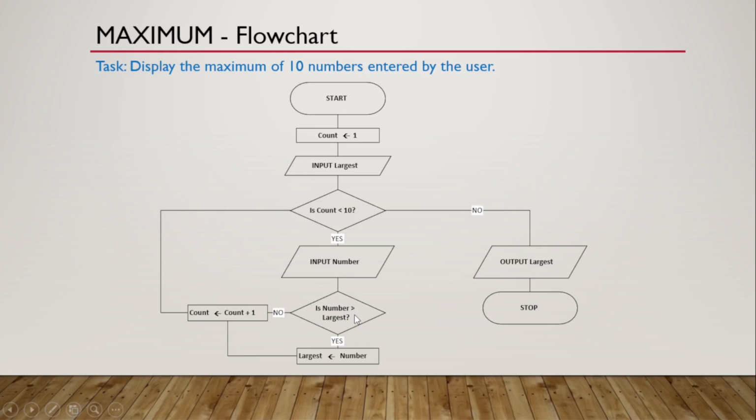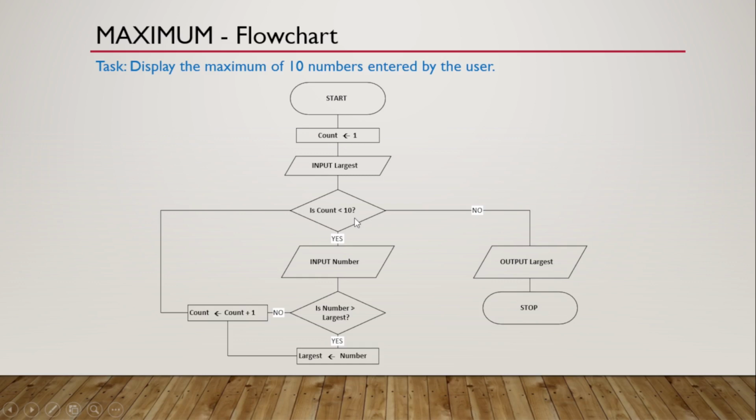But if it is not greater than the largest, it ignores and still increments the count by 1. Then afterwards, it goes back to check whether count is still less than 10.